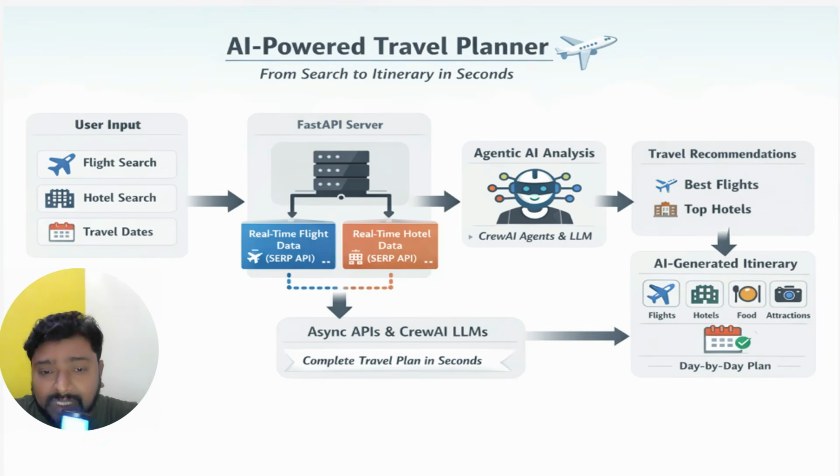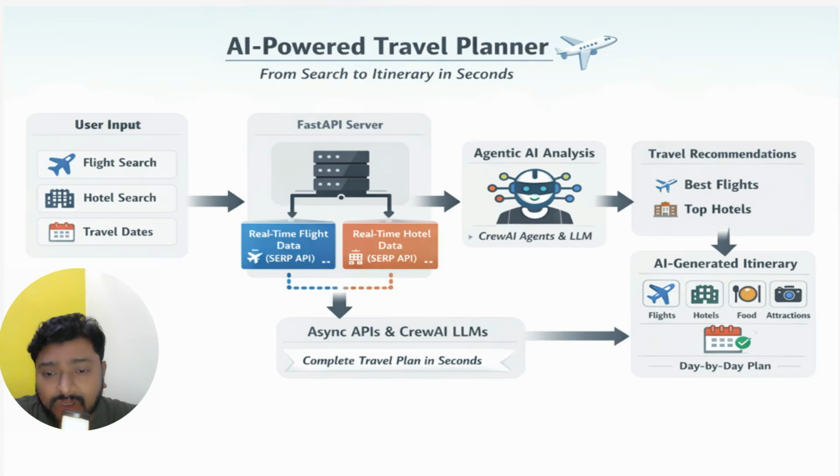And once the information from the API server is fetched, it goes to the agentic AI analysis. In the agentic AI analysis, we are using CrewAI and LLMs. The real-time data is passed to the AI agents.